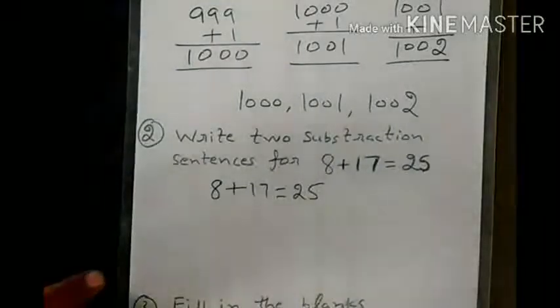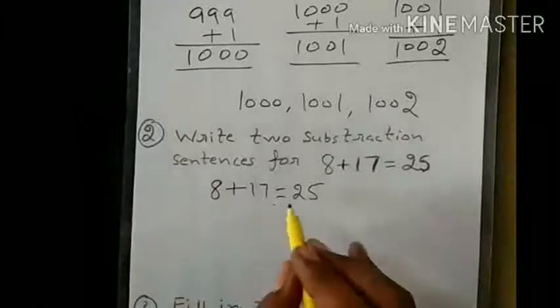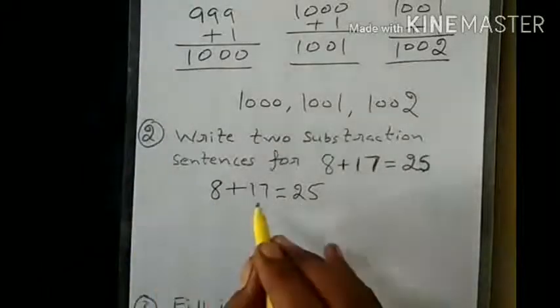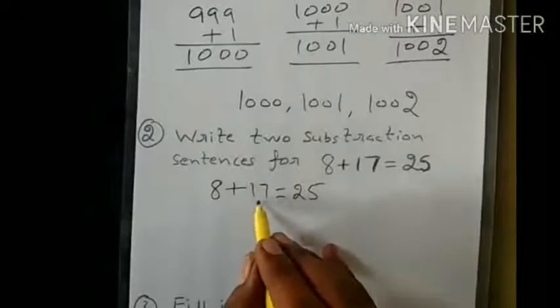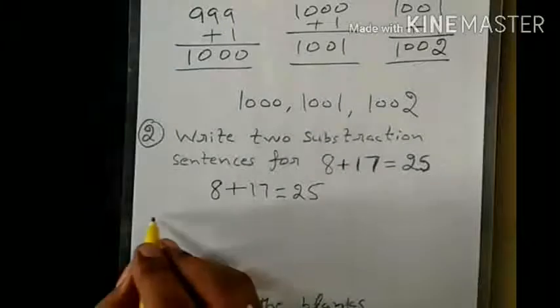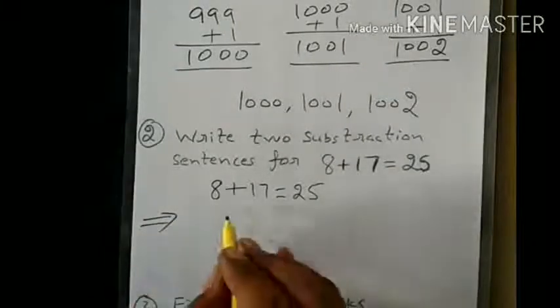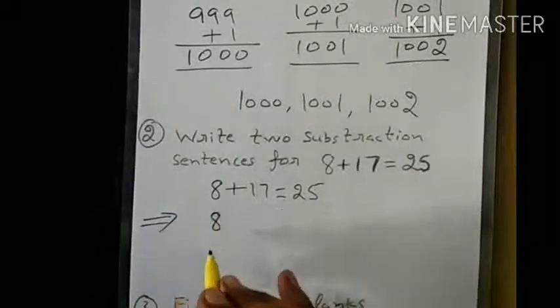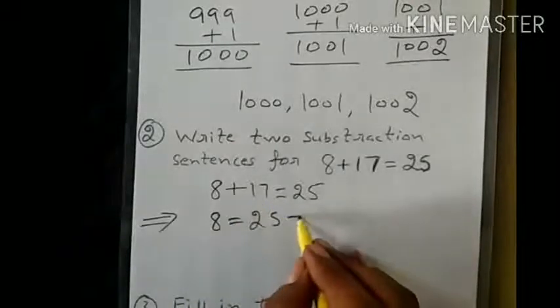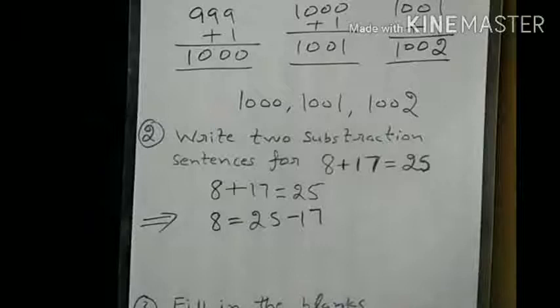Now, we know the smallest number is 8, the smaller number is 17, and the greatest number is 25. So, if I think like that, how will I get 8? I will get 8 by subtracting 17 from the greatest number, that is 25.